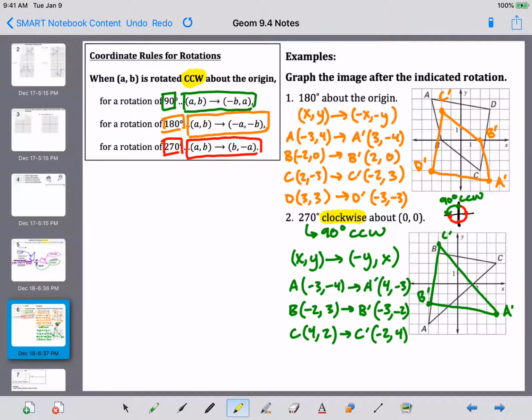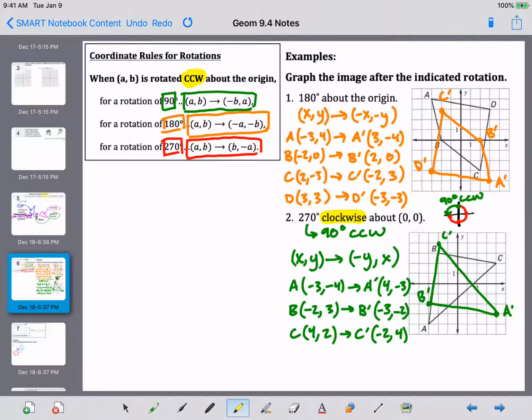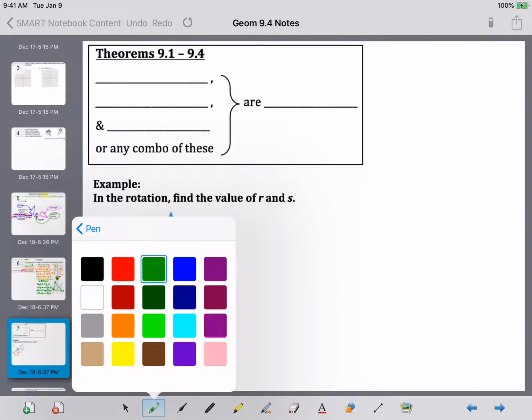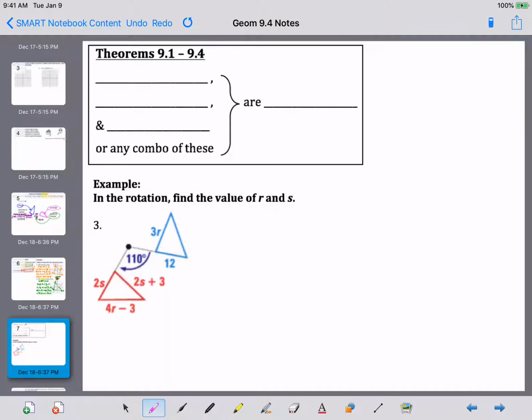All right, let's move along here, looking at some theorems. So theorem 9.1 through 9.4 kind of wrap up the first 3 sections. It turns out that we talked about translations, or slides. We've talked about reflections. And we've talked about rotations today.